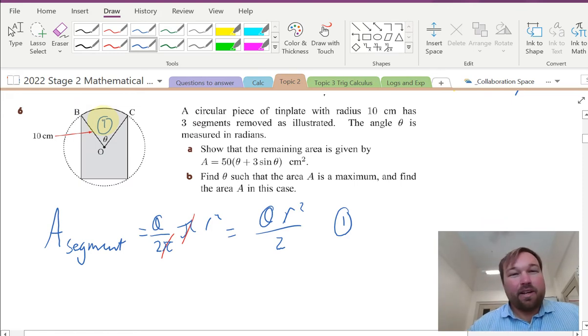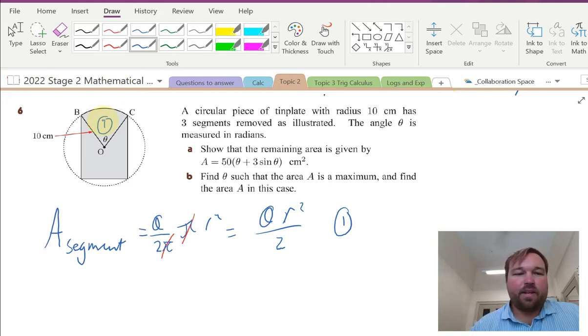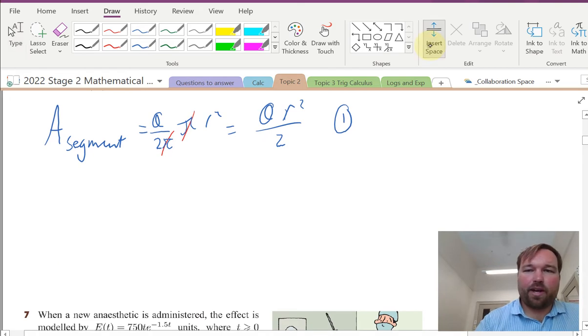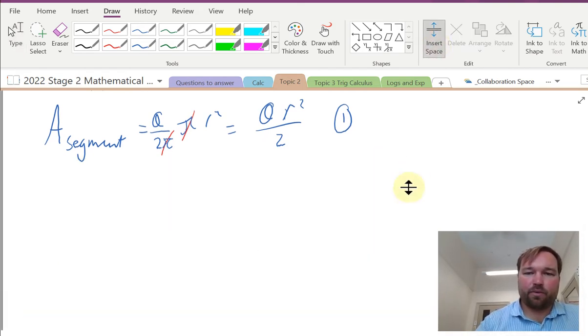Alright, now there's a couple of different ways we can break this up. So what we're trying to do is find an area. Second rule you should know, from non-right angled trig, is the sine area rule.